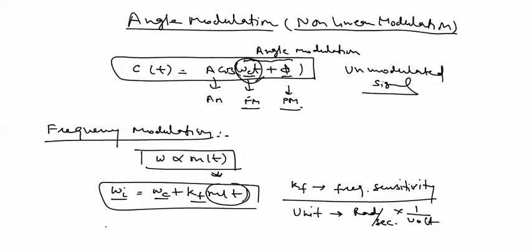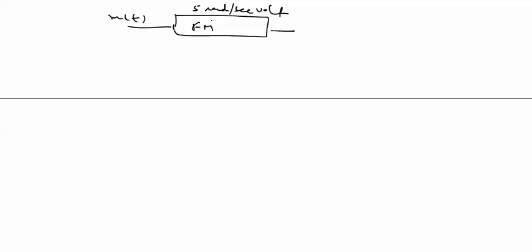If kf is 5 radian per second per volt, the FM block varies in this way. Apply the message signal on it and the result is this variation, the FM waveform.